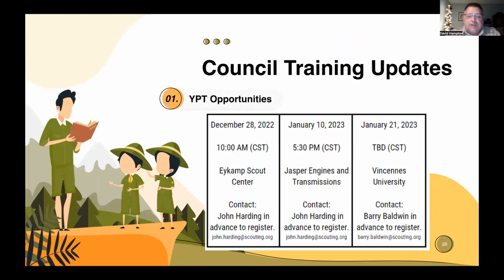One of the things that will hold up your recharter is someone who doesn't have YPT. And YPT is not difficult to take. If you get on this little device and go to your My Scouting, it will show you what your YPT status is. If you look right here, mine says expired.